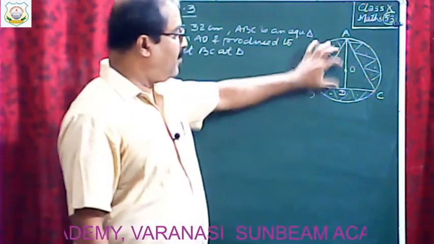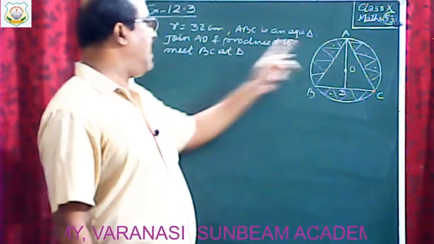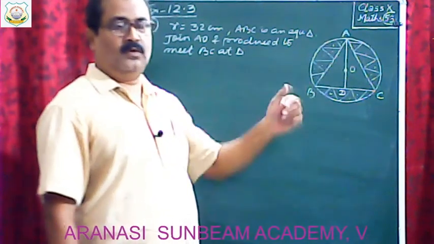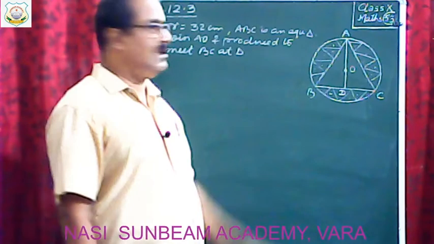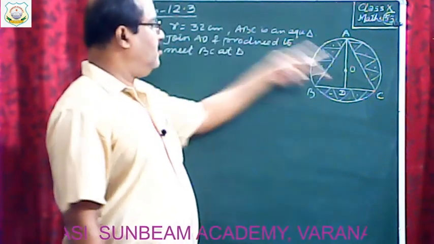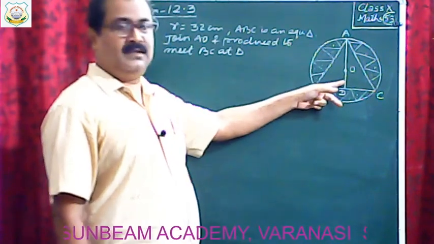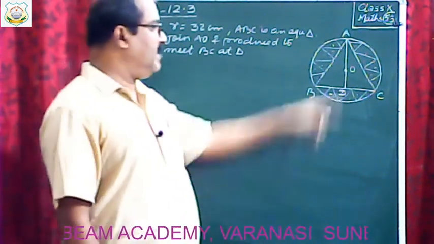Then OA upon OD equals 2 upon 1. OA we have 32 centimeter. So 32 upon OD equals 2 upon 1. Then OD equals 16 centimeter. Then AD equals 32 plus 16, 48 centimeter. So AD we get 48 centimeter.